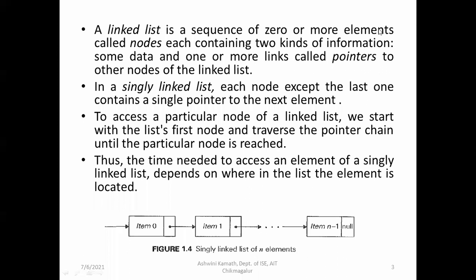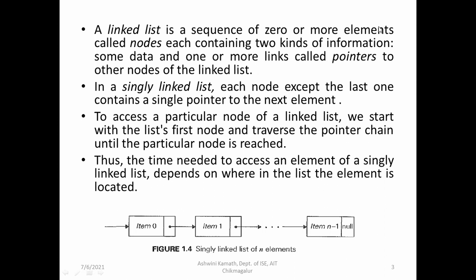So here, if you want to access a particular element, for example the second element from the first element, you have to take the pointer to the next element, get the address of that, and then reach that element and read the information from it.